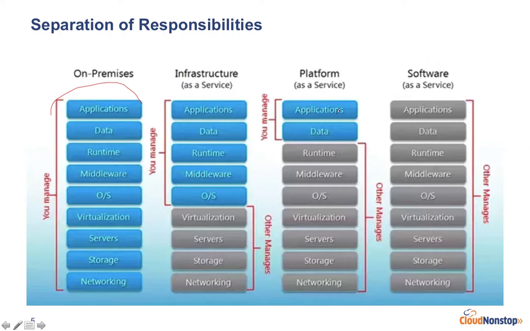Platform as a service is a higher degree of abstraction where you only have to worry about deploying your own applications and taking care of the data layer. And even for managing your data, cloud providers have several options available.